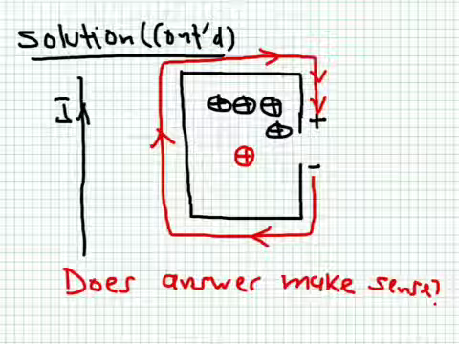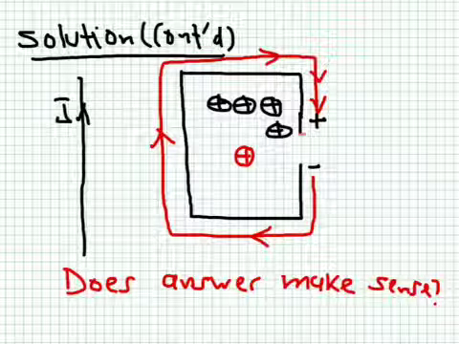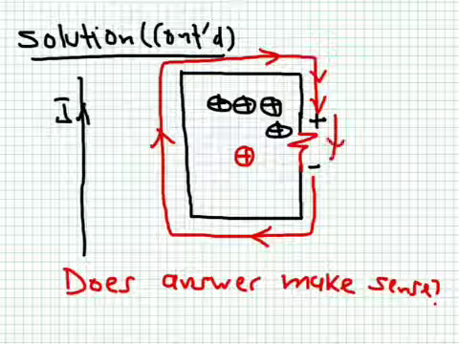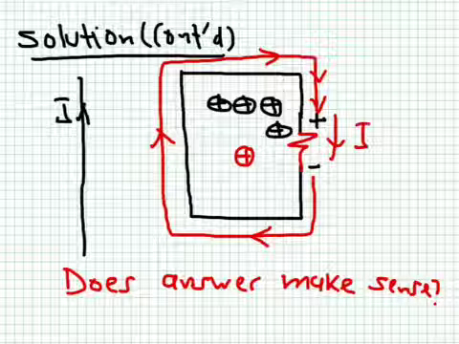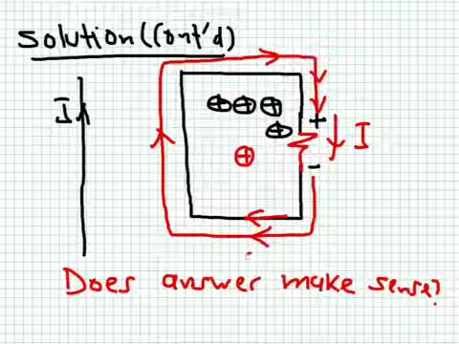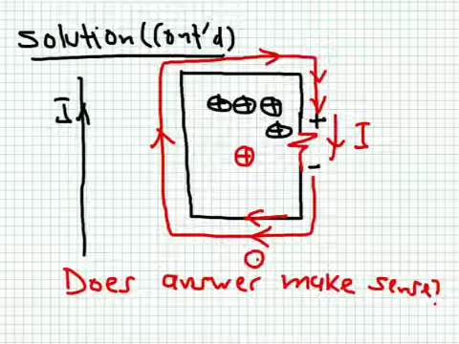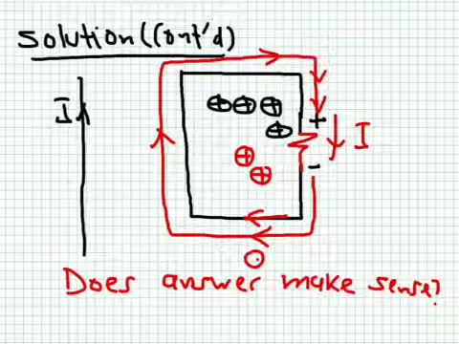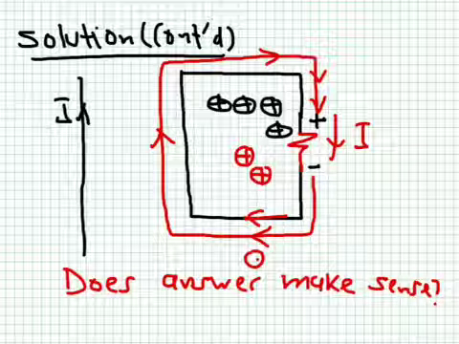If I now close the circuit and add a resistor here, there will be a current I flowing in this direction. What is this current trying to do? It is trying to create a flux coming out of the page here and going into the page here. It's trying to assist the decreasing flux resulting from that infinite wire.